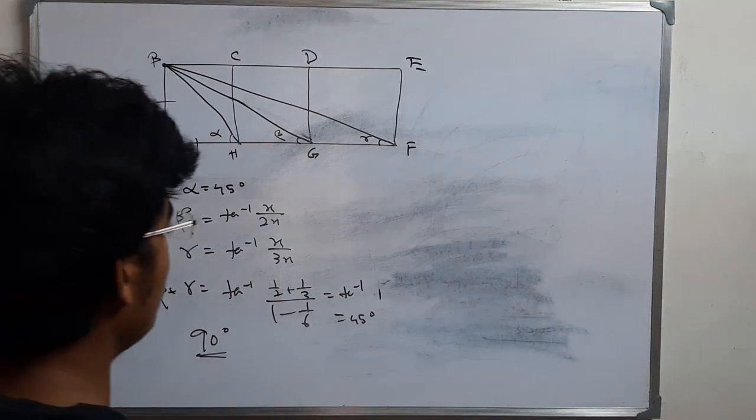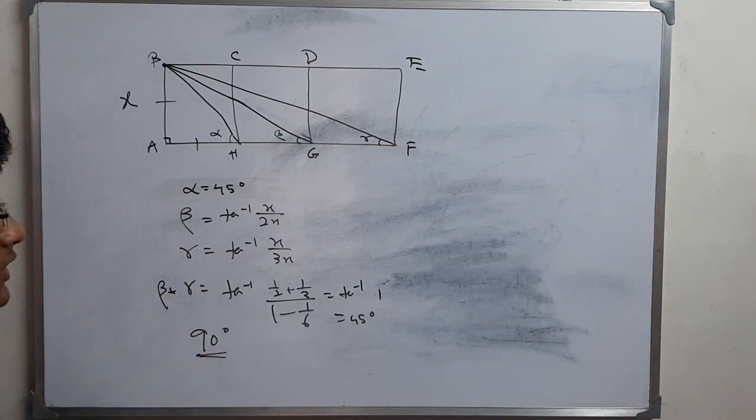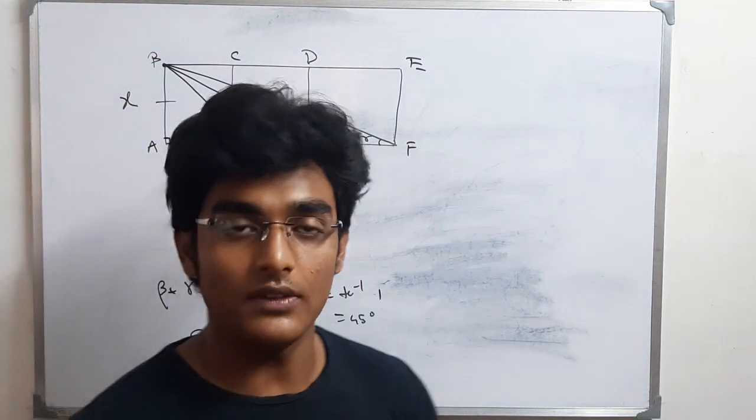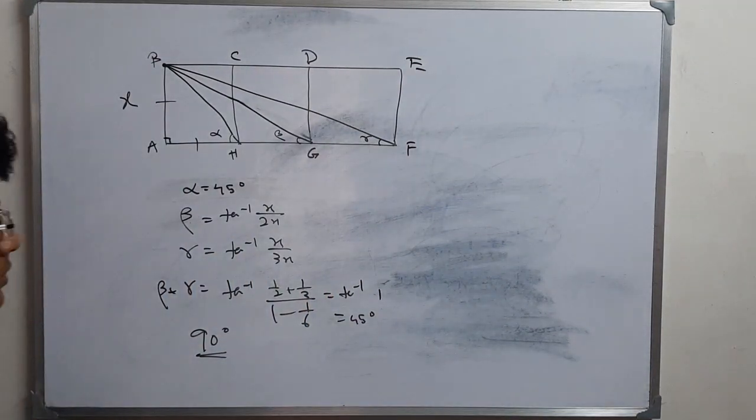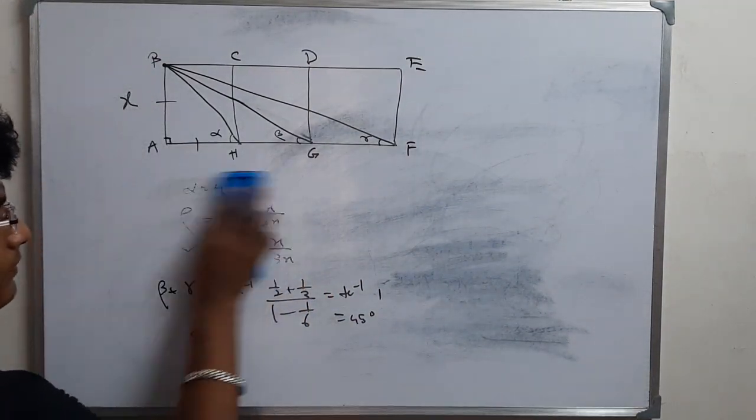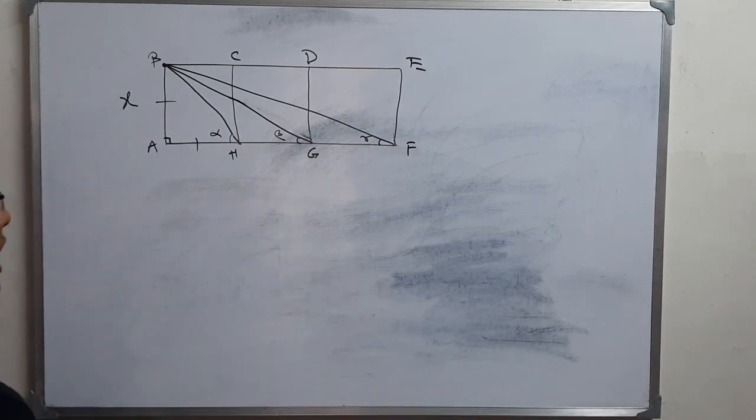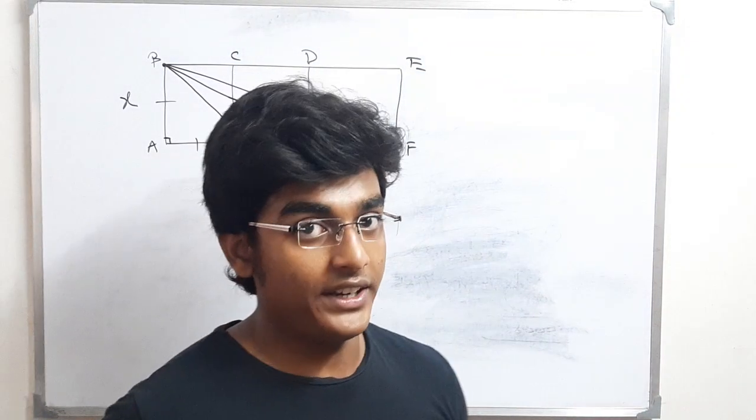This is the exact value, but this would be the procedure for a higher mathematics student. A fifth grade student, I don't think, will ever know about the tan inverse formula, unless he is very advanced.